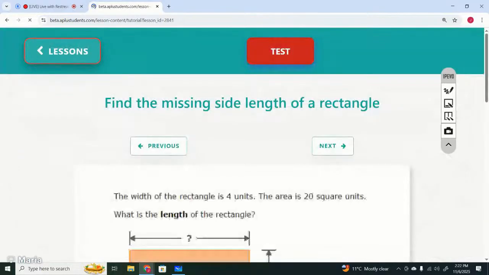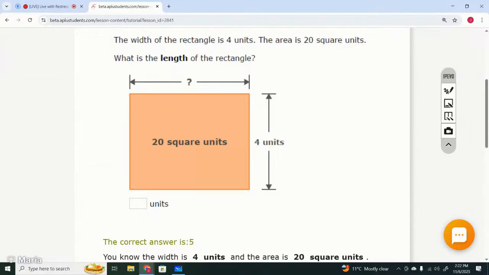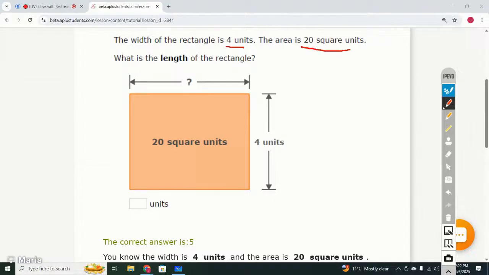Missing side length of the rectangle. The width of the rectangle is 4 units, the area is 20 square units. What is the length of the rectangle? Okay, now we are given the width that is 4 units, the area that is 20 square units.